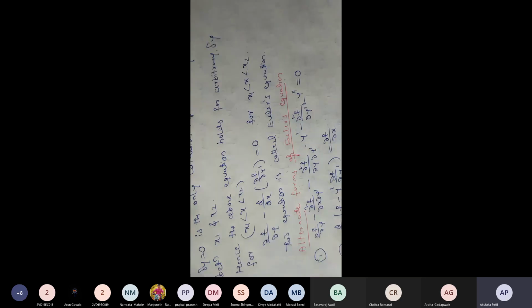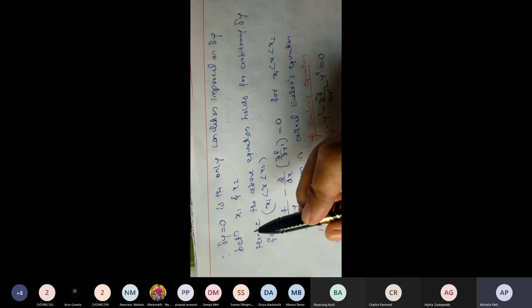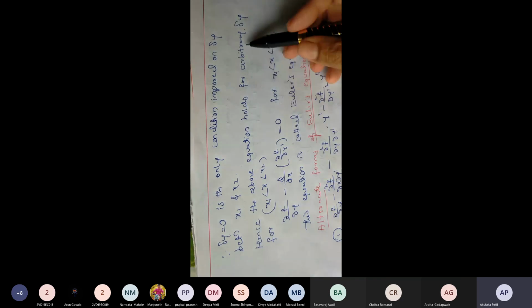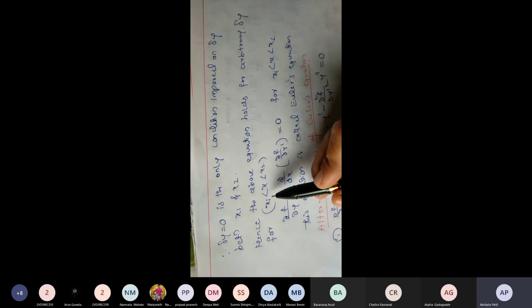Therefore delta y is the only condition imposed on delta y between x1 and x2. Hence the above equation holds for arbitrary delta y, for x lying between x1 and x2.